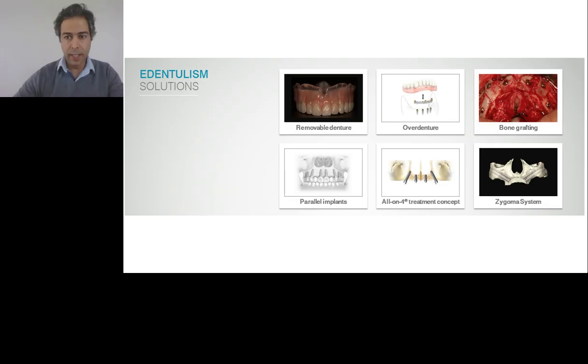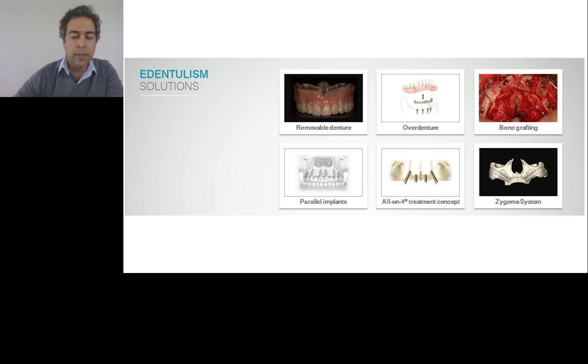In the atrophic maxillas, as I told you, in the past we used to graft big bone grafts with big morbidity, treatments that we don't use anymore because we are using the zygomas. But this is specific for the atrophic maxilla. For the standard cases, the option should be between parallel implants or all-on-4.